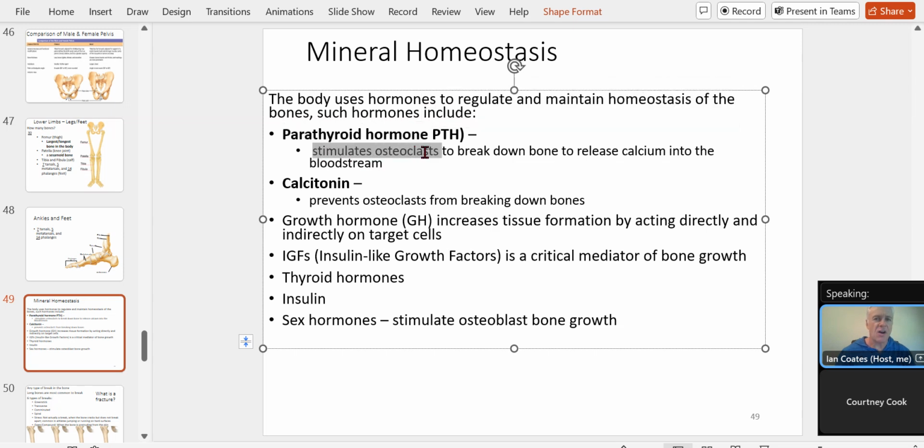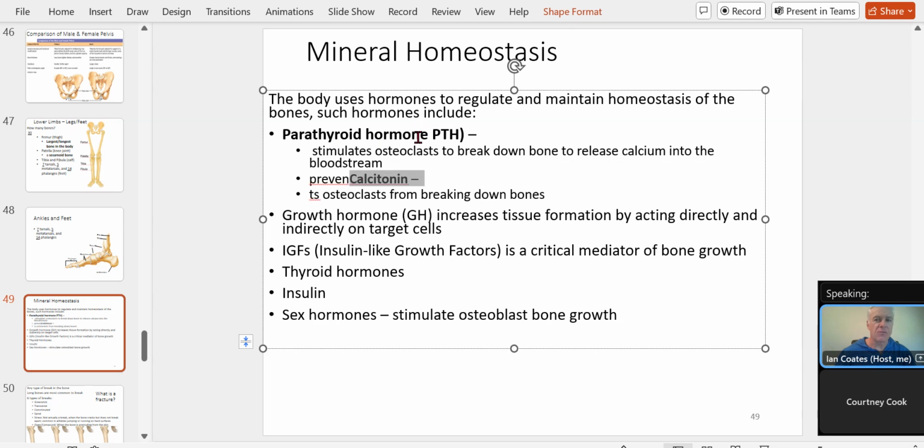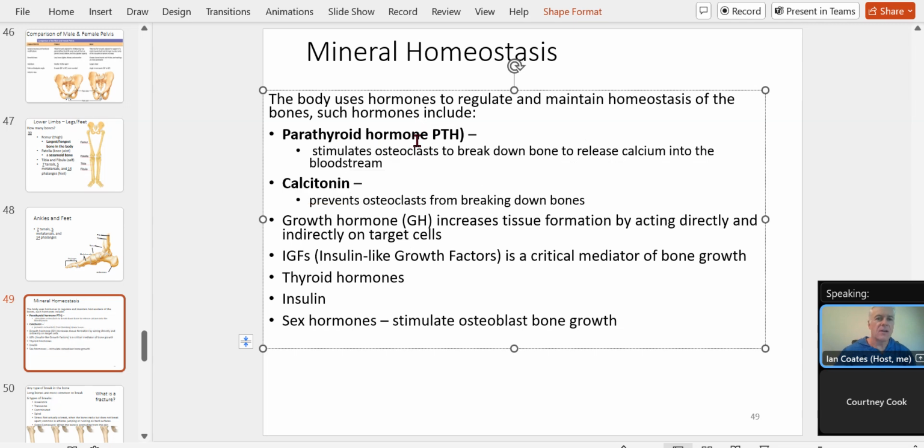So it stimulates osteoclastic activity to break down bone, releasing calcium and minerals. So calcitonin lowers blood calcium. Parathyroid hormone raises blood calcium. Very good. There's lots more, but those two there, I'll get you on the next test for sure.